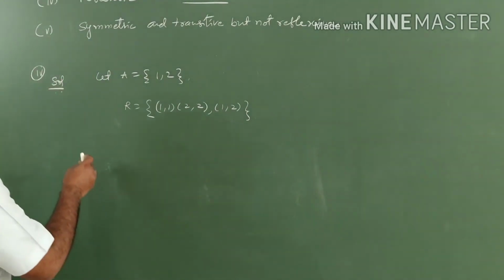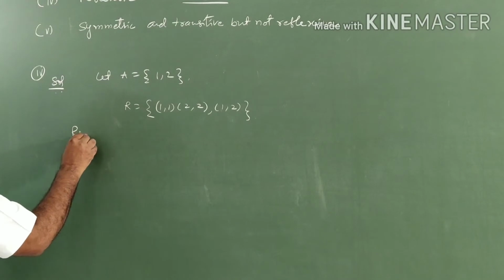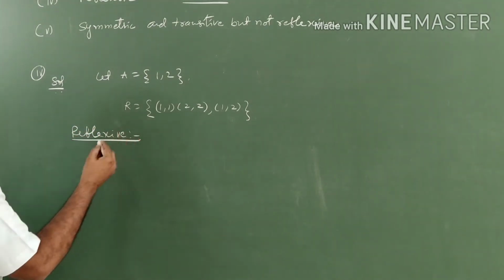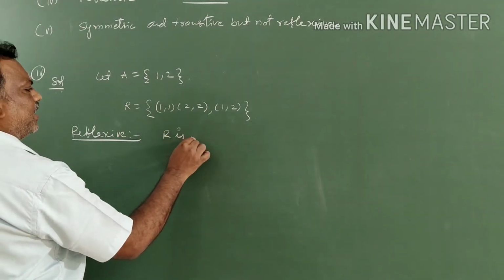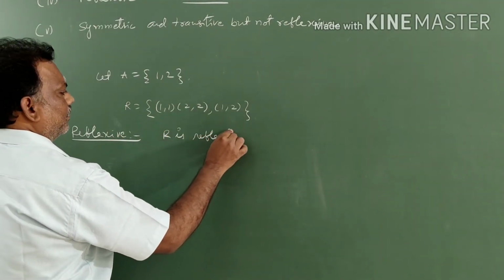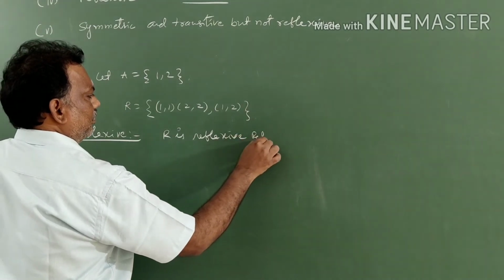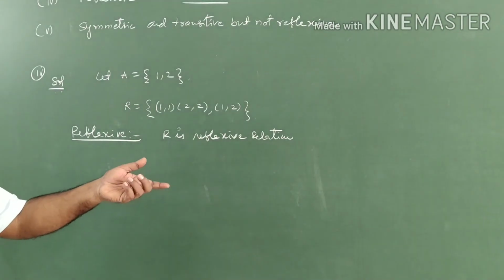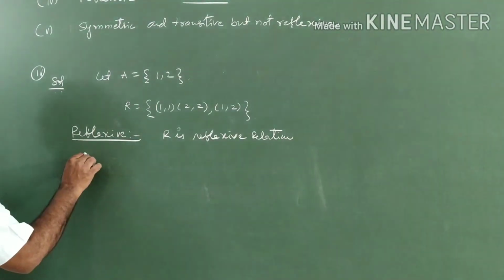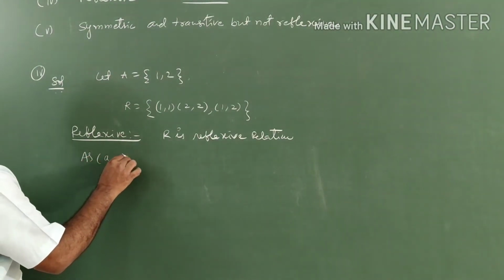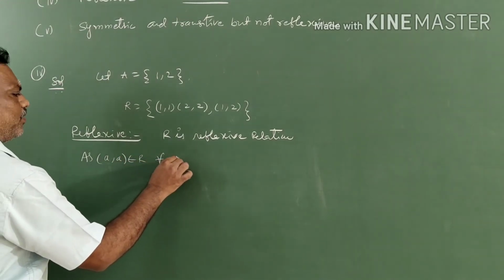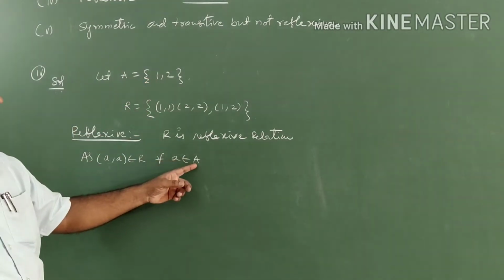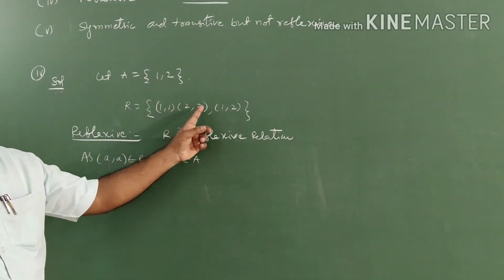Just I will explain here in detail. Reflexive: R is a reflexive relation if it satisfies the definition (a, a) belongs to R for all a belongs to A. So (1,1) will be present, (2,2) will be present.